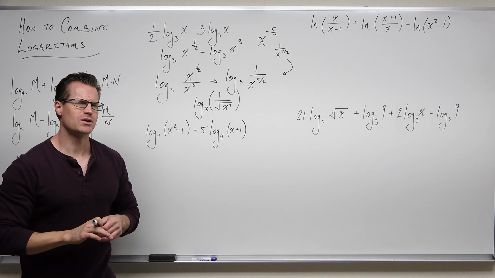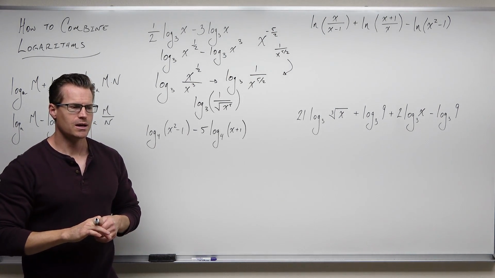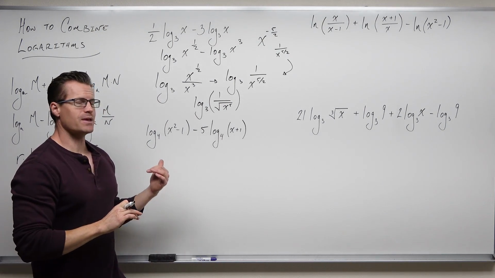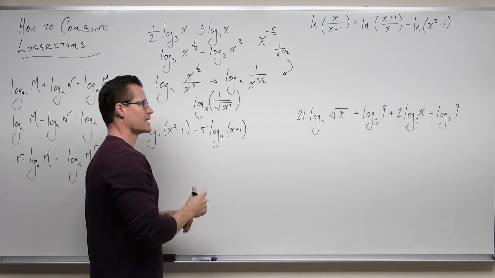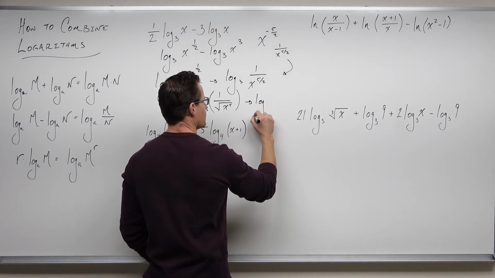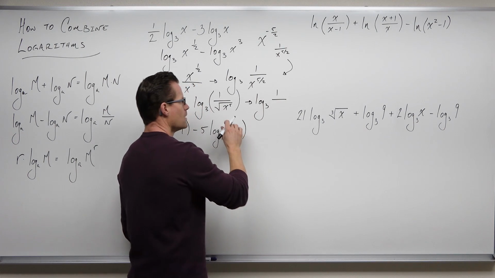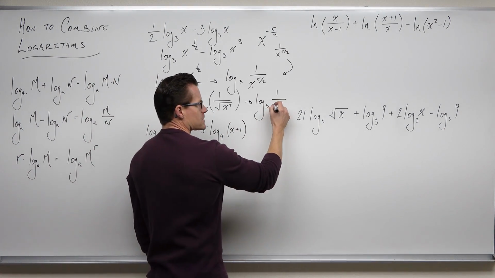Maybe. We could be asked to do that. Sometimes we can leave it, sometimes we can't. It really depends on what you're doing with it. I'm going to leave that, but if you had to rationalize it, you could simplify this. I guess I'm going to show it to you. X to the 5/2 power is x squared with the square root of x.